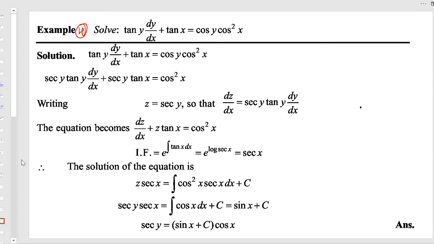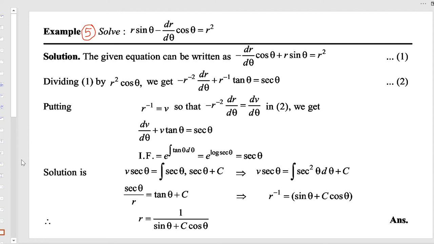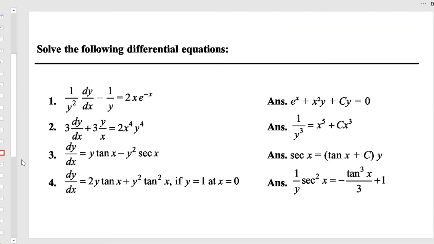Then again, this is another example, try to verify. It is in the polar form, try to verify this also. So for practice problems, verify these results again.